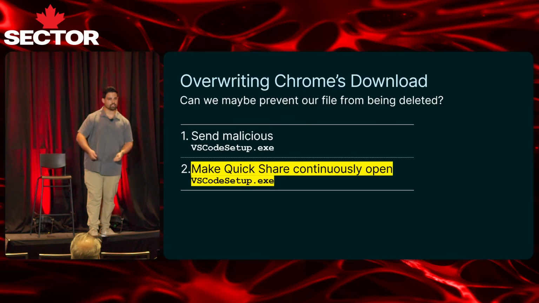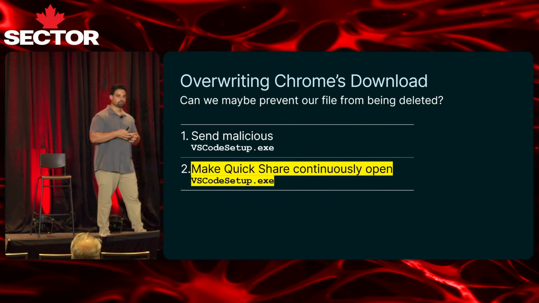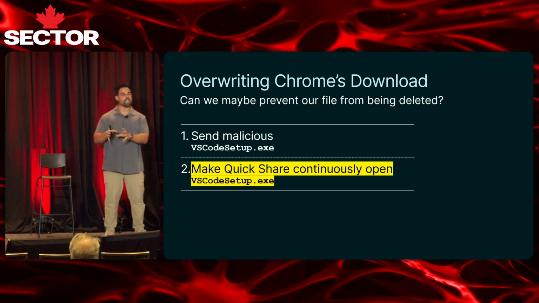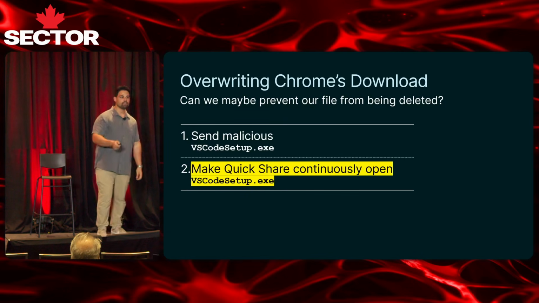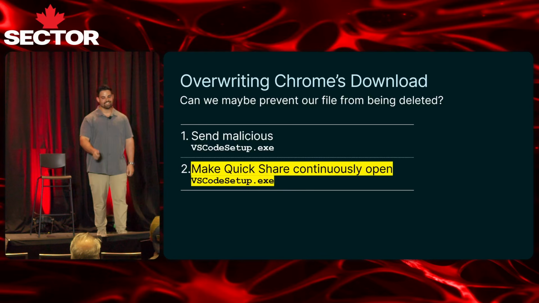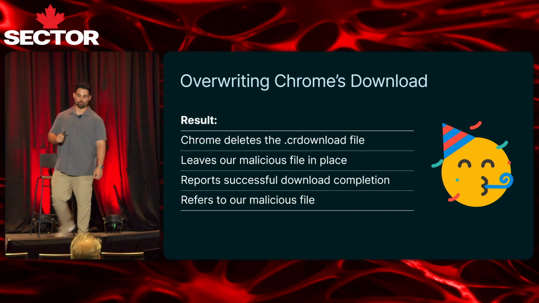So it will finish the download and try to rename the temporary file to the final name. But maybe because QuickShare uses our file, then Chrome will not be able to overwrite it and delete it. So we gave this last idea a try, and it worked. And it was actually the best scenario that we hoped for.